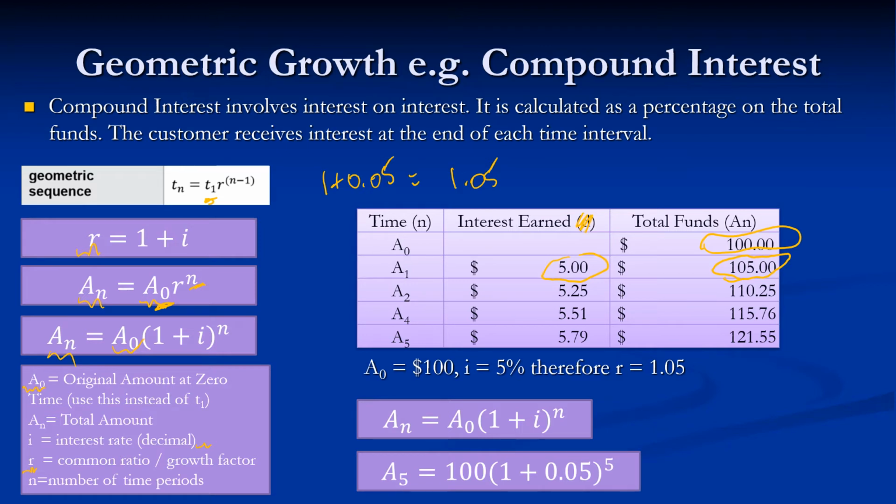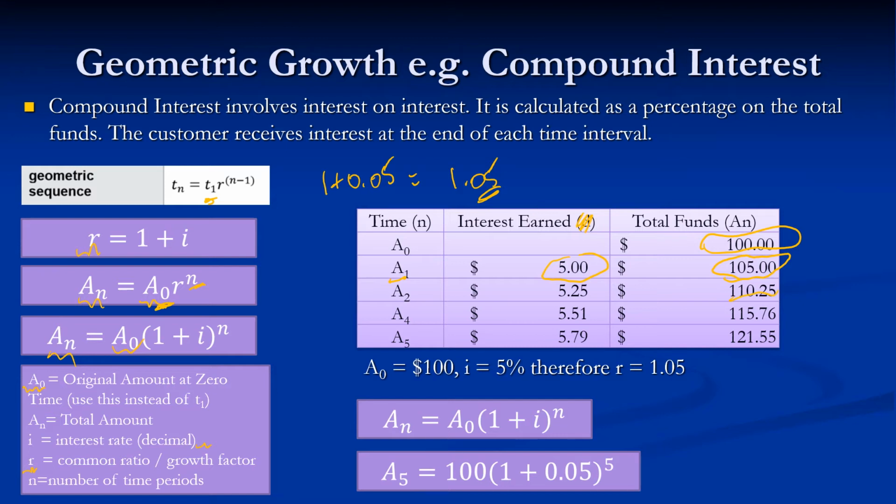So we're just going to say the amount at the end of the first year is $105. Now, if we look at compound interest, remember it's interest on interest. So we need to calculate 5%, our growth rate, and our growth factor or common ratio is still 1.05, and 5% of 105 is $5.25, and we just add that on.